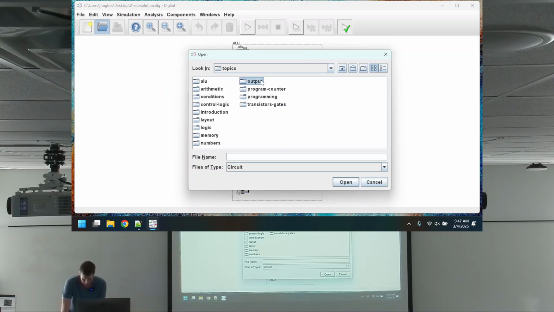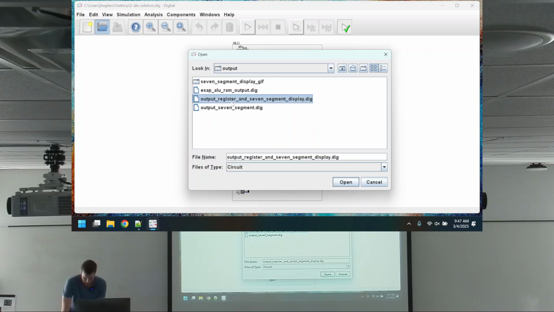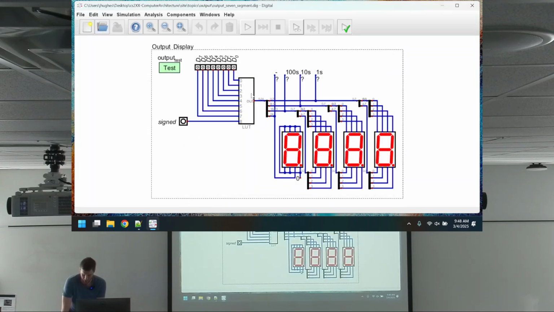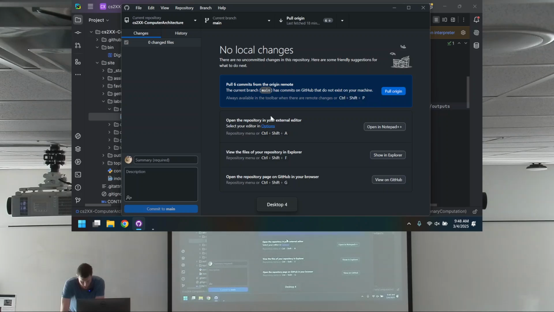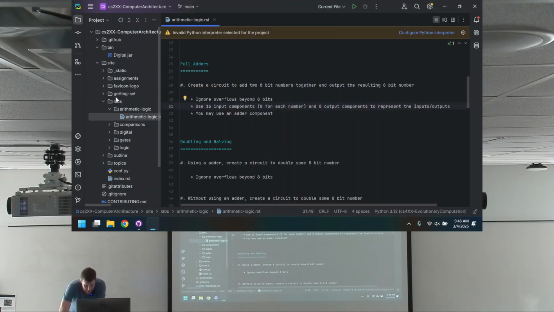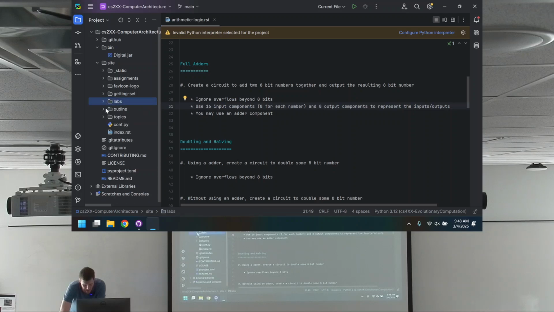Where's output, output, output? There. So if we go here, edit, this is the lookup table as generated by that script, which, by the way, I have around here somewhere. Where? Oh, that's labs.